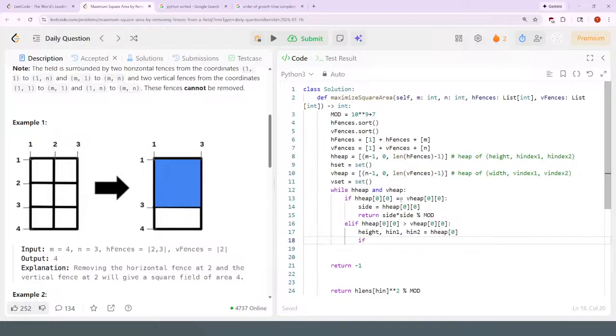So if H index 1 plus 1 equals H index 2, then I just want to heap pop, remove the top of that heap, and skip.